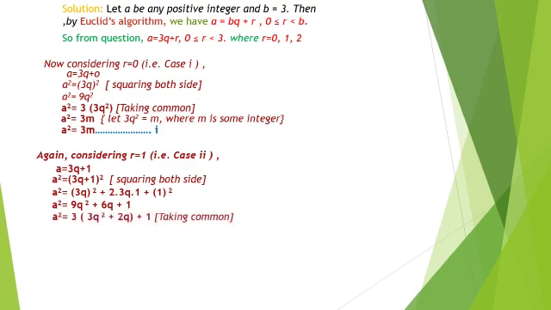So for a square, taking common 3 and keeping the other part as a constant, and also separating plus 1, we keep 3q square plus 2q as a constant m, where m is an integer. Now if you see, a square is equal to 3m plus 1. Is it matching with the question? So we will call this equation 2.